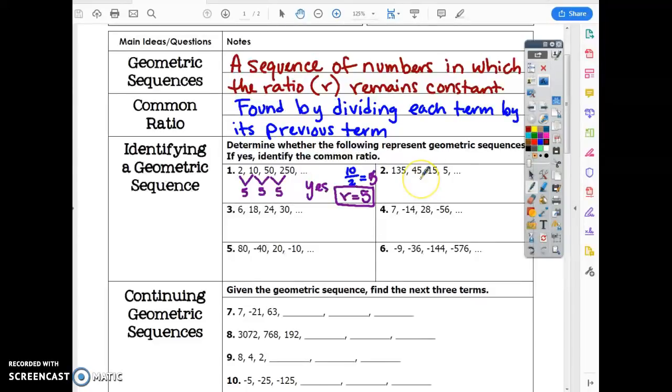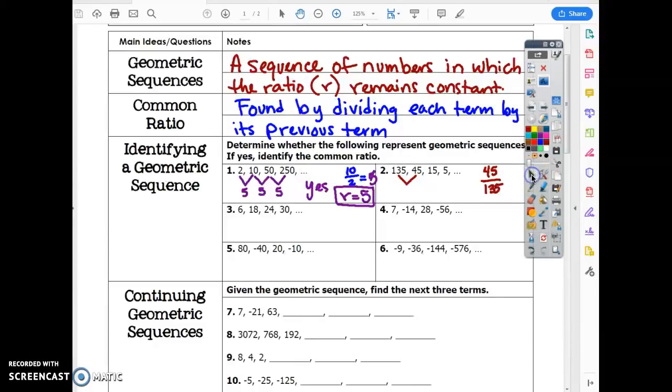How would I find the ratio of this one? Divide. What am I dividing? 45 by 135. Okay, so I need you to put this in the calculator. We're dividing the second term by the first term to see what the ratio is that will give us the second term. So go ahead and do that right now.